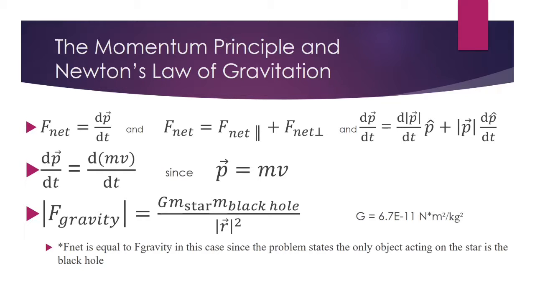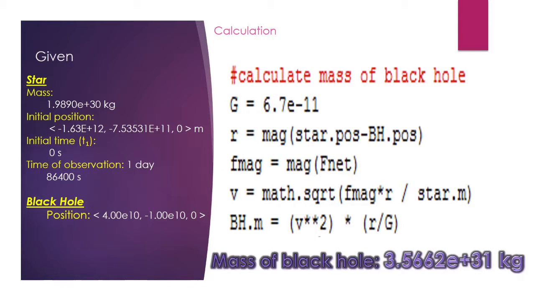code to calculate Fnet. The third line is Newton's law of gravitation, where the magnitude of F gravity, or Fnet in our case, since the only thing acting on the star is the black hole, is equal to G times mass of the star times mass of the black hole, all divided by the distance between the two squared.